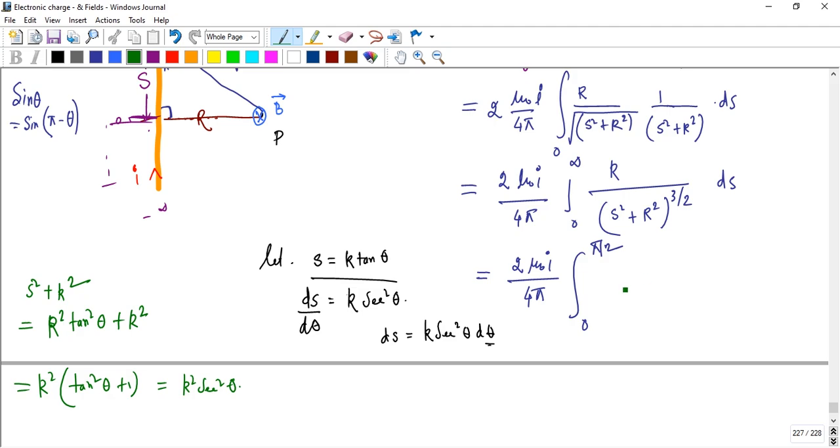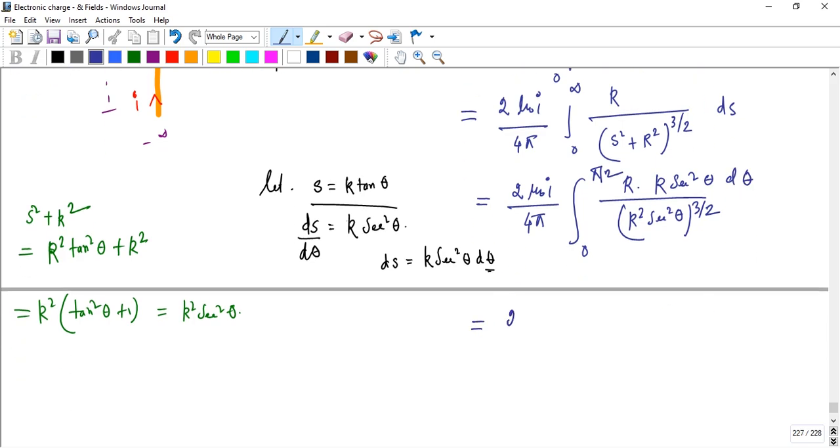In the bottom of that equation we put a square plus r square, so we get r square sec square theta whole to the power 3 by 2, and we put r here, and ds is r sec square theta d theta.